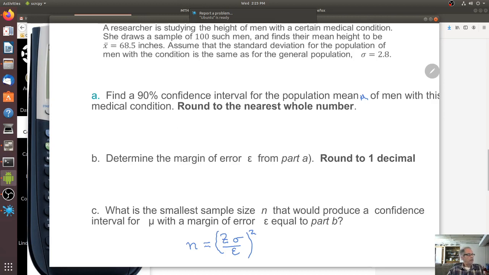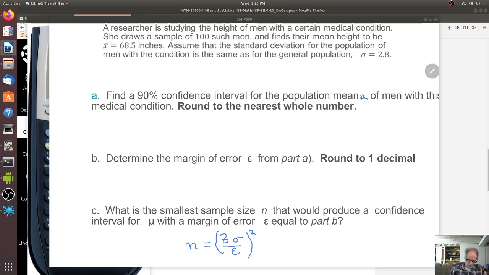Let me see if I can find that on a formula sheet. Looking at a formula sheet here. Yeah, that is correct.